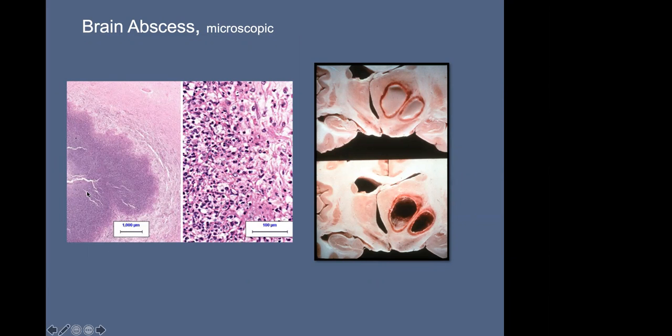So the center is necrotic, then a layer of granulation tissue, and in an established abscess that takes weeks, you start seeing a very thick fibrotic wall. And when that happens, it's difficult to treat because the antibiotics do not penetrate into the abscess very easily.